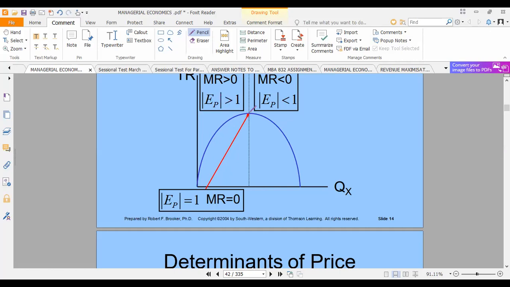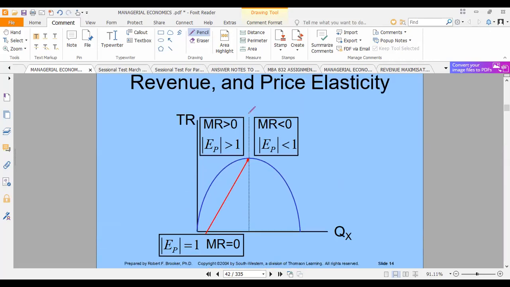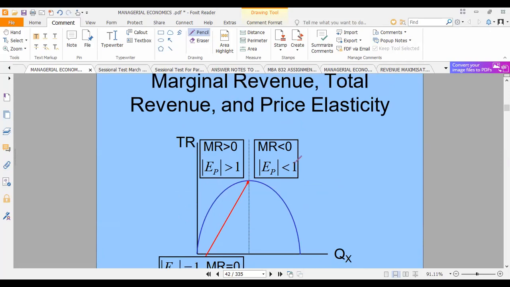It is elastic. At the maximum point where total revenue is maximum, elasticity of demand is unit elastic. As soon as it begins going down, elasticity of demand becomes inelastic. This is the relationship that exists between total revenue, marginal revenue, and elasticity.